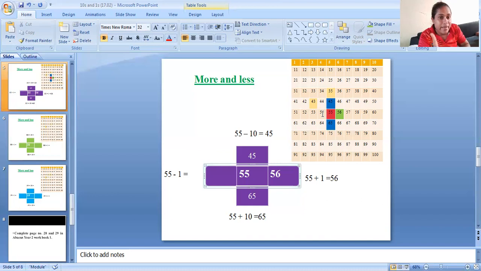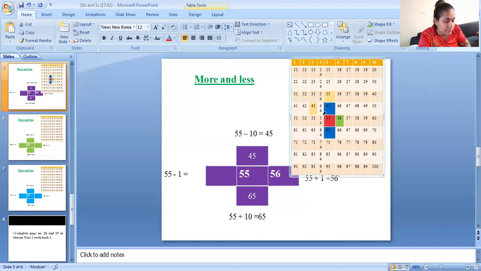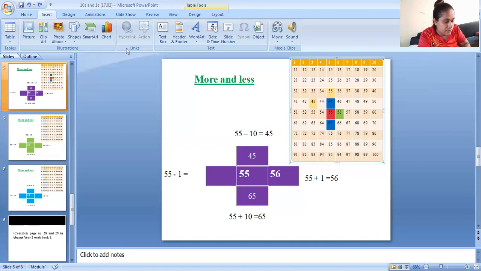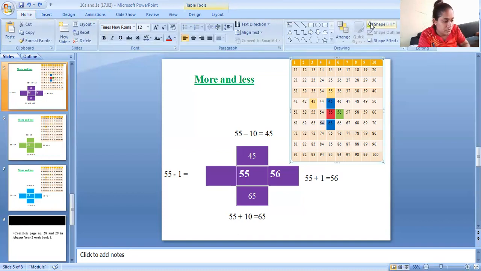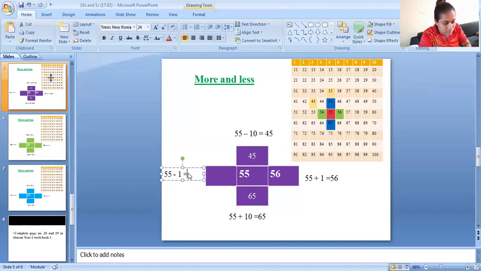When I count 1 backward, I got the answer. Here we have 55 and I will count 1 backward. 55, 1. The answer is 54.